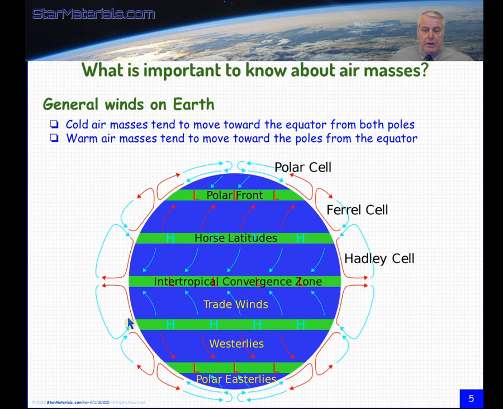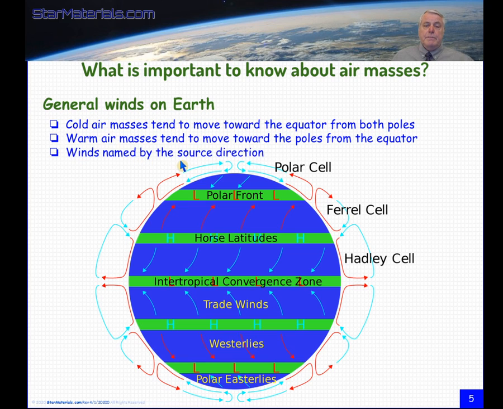You have a warm air mass here, and it tends to go to the pole. Right here. Rises at the equator and then tends to go toward the pole, North Pole, South Pole, depends on where you are on the surface.